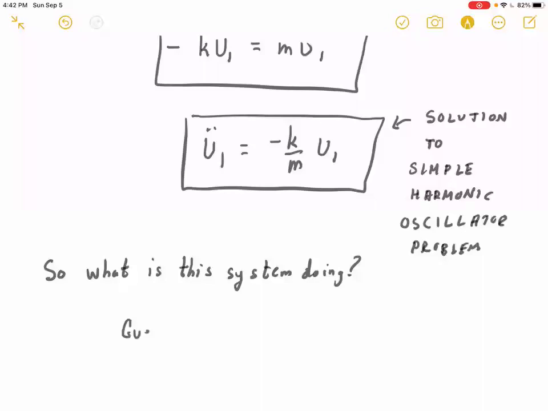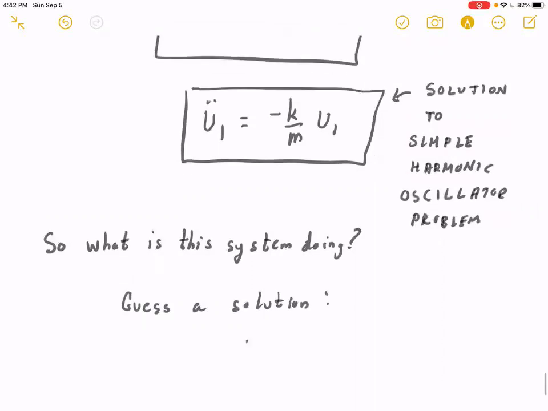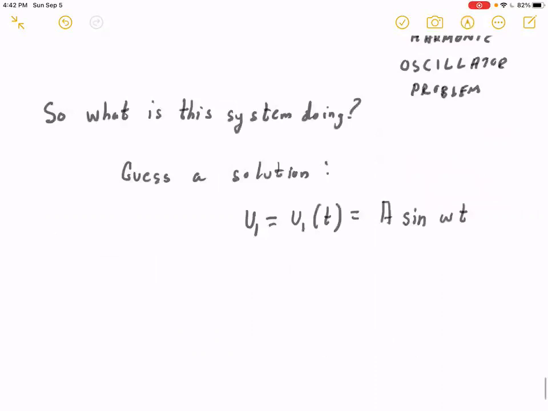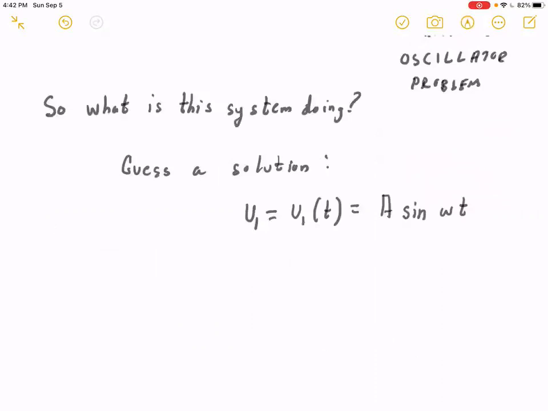So let's guess a solution for u sub 1. It's going to depend upon time. And let's say it's proportional to the sine of some dimensionless argument, which we'll call omega, and the product of omega and t.